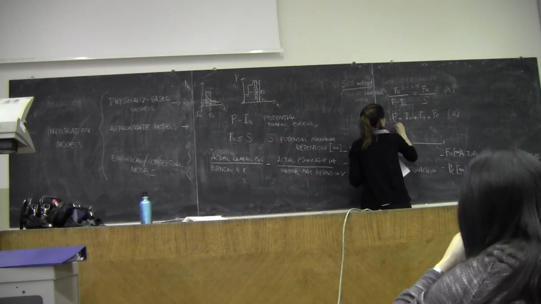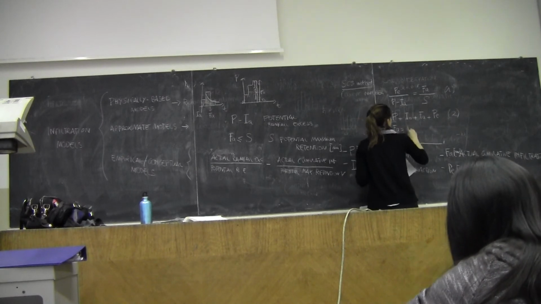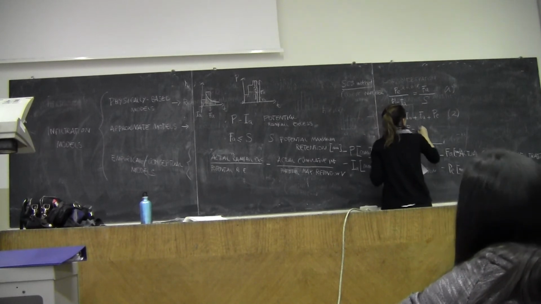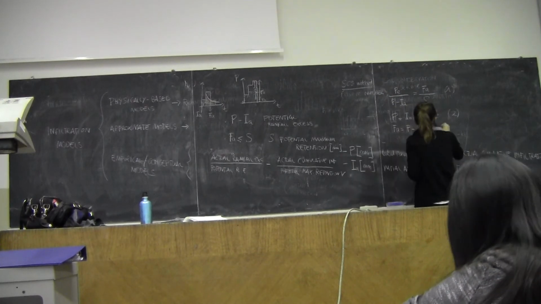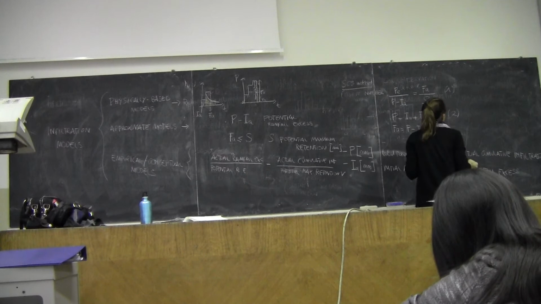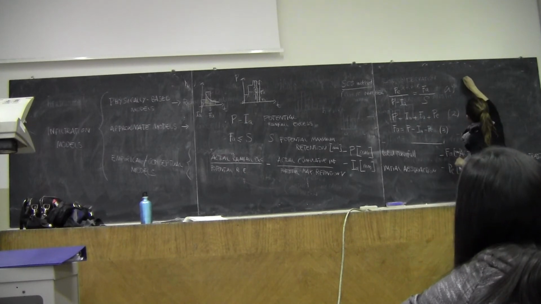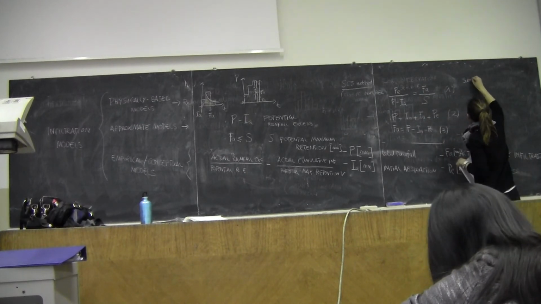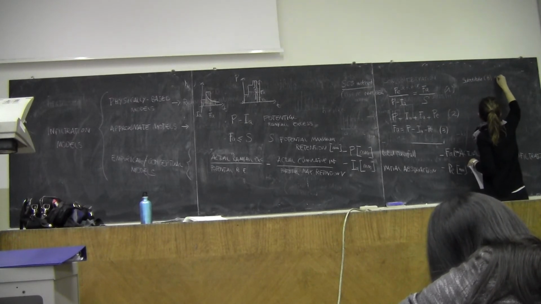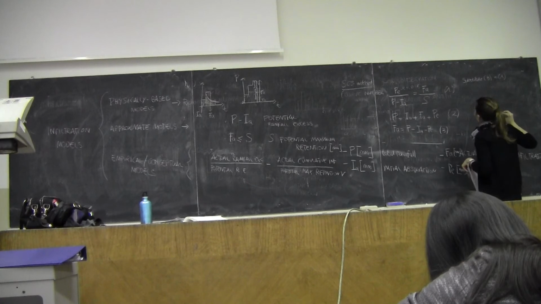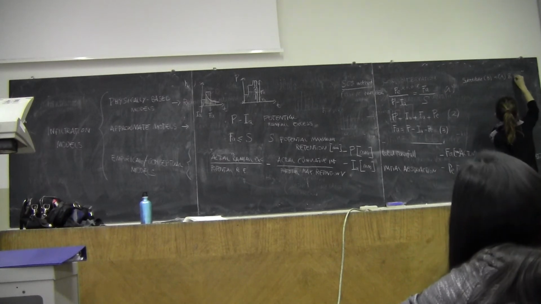So basically, FA is P minus IA minus PE. This is 3. And so here we substitute 3 in 1 and we solve.